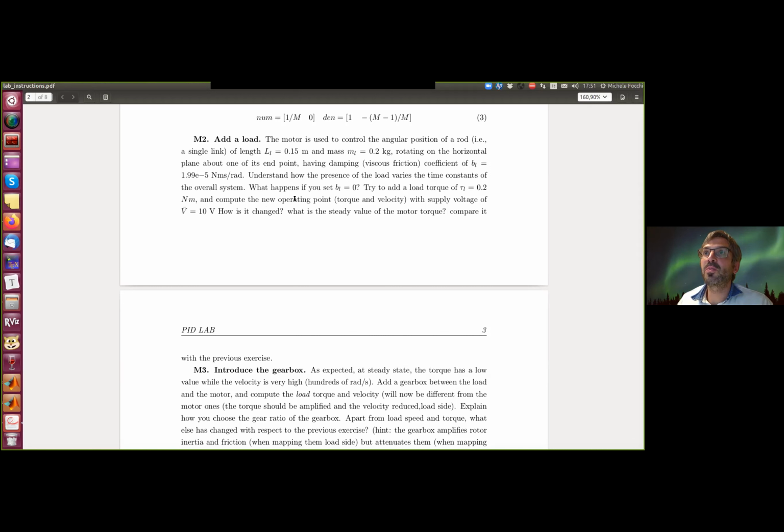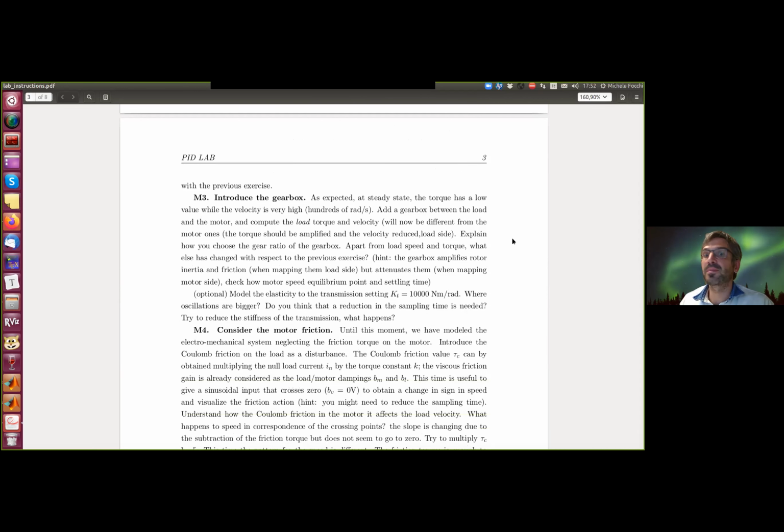We want to see how these operating points move. We expect that it will move to lower speed, and we check the new steady state values of motor torque and compare them with the previous exercise.